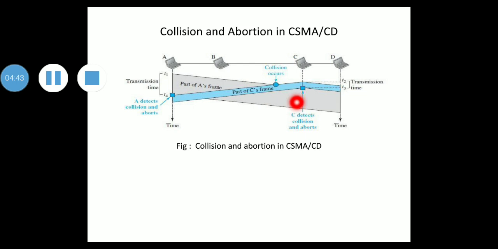This is part of C's frame, this is part of A's frame. Here the collision occurs. Here the collision is detected by station C and it aborts at this time.